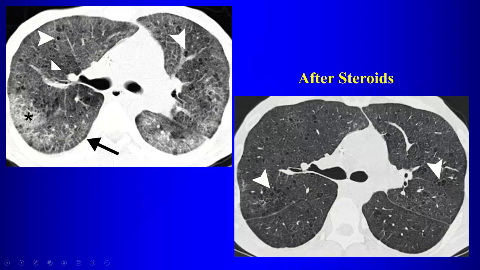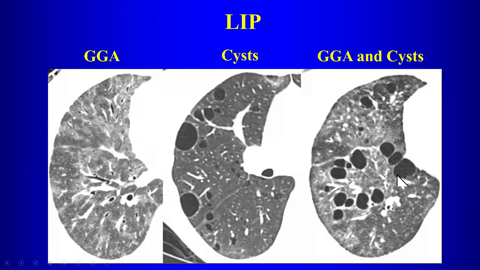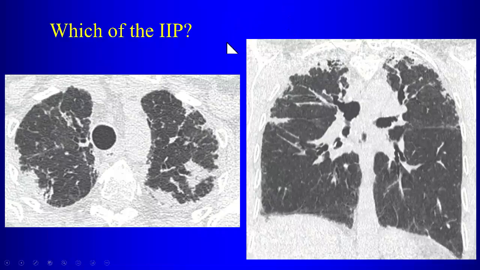More examples here, some ground glass and cysts. This responded to steroids. The ground glass got somewhat better, but you can still see that background cystic pattern within the lungs. Here's a spectrum: ground glass opacity, cysts, ground glass and cysts, all examples of LIP. So remember, cystic lesions can be associated with LIP.